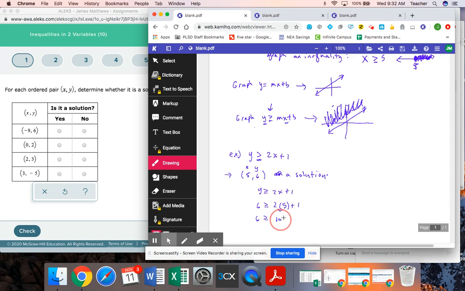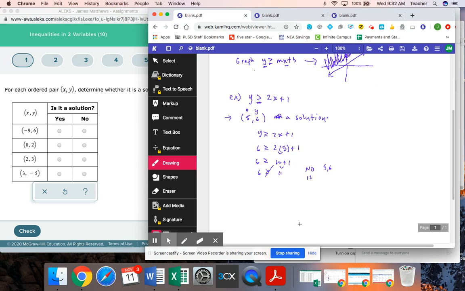This gives me 10 plus 1. 6 is greater than or equal to 11, but that's not true. So no, (5, 6) is not in the solution. So if I plug in an x value and a y value and I get something that is true, then we'll be good.